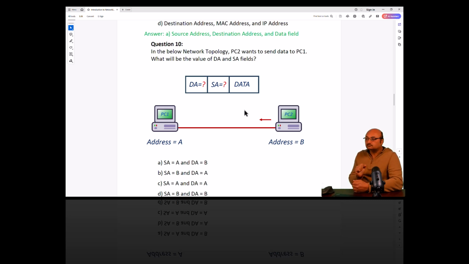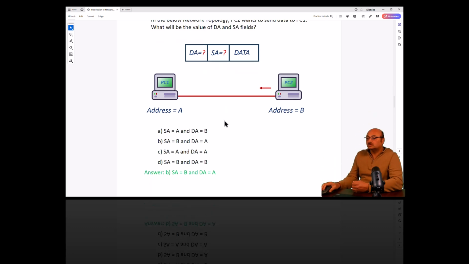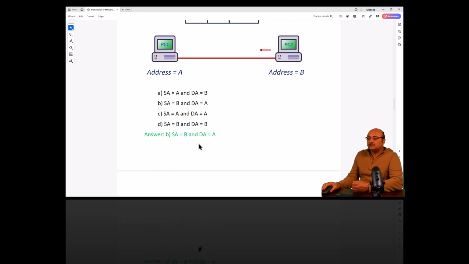In this case, PC2 is sending, so the SA or SMAC is going to be B. The receiving side is where the DA goes. Here it is intended for PC1, so the DA is going to be A. So DA or DMAC is going to be A. So the correct answer in this case is B.